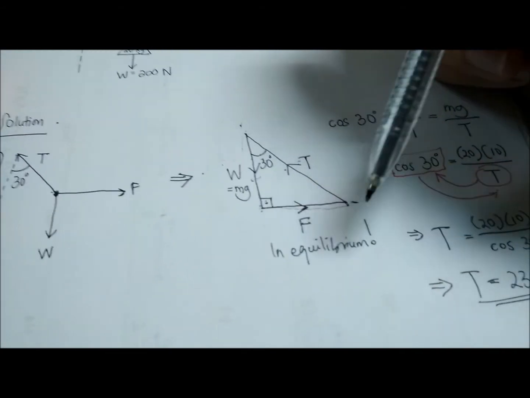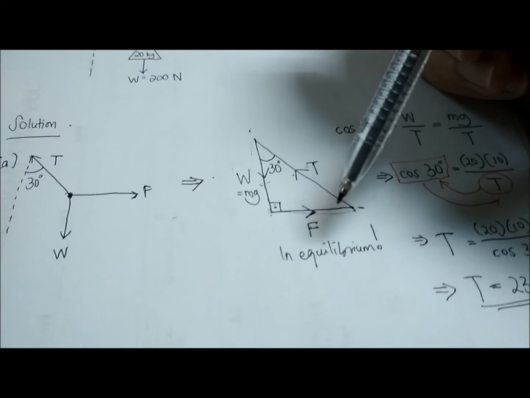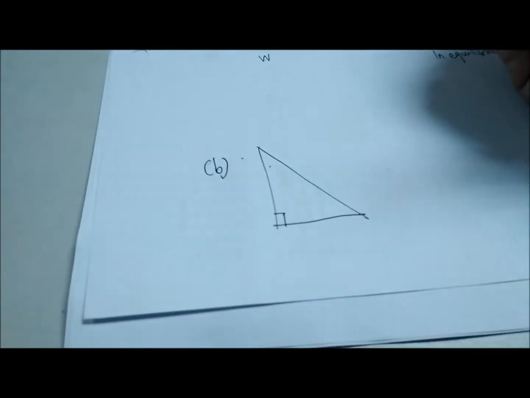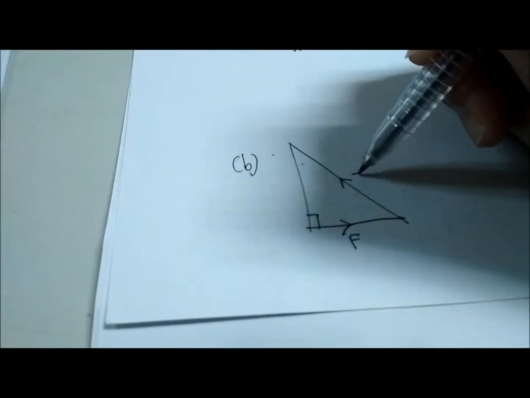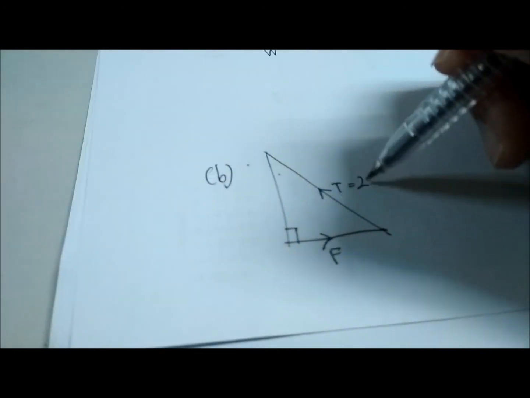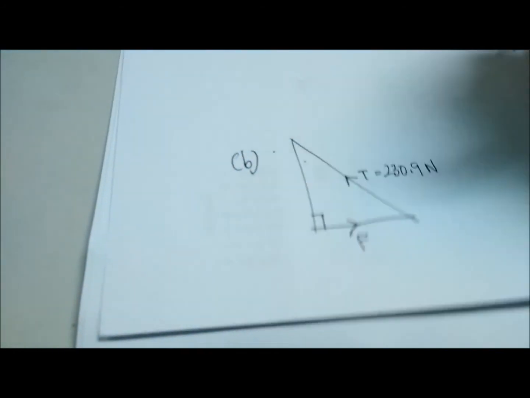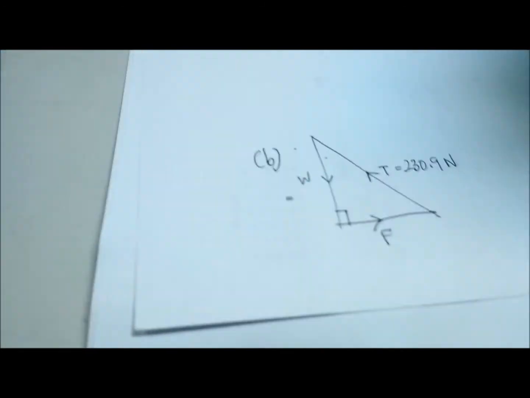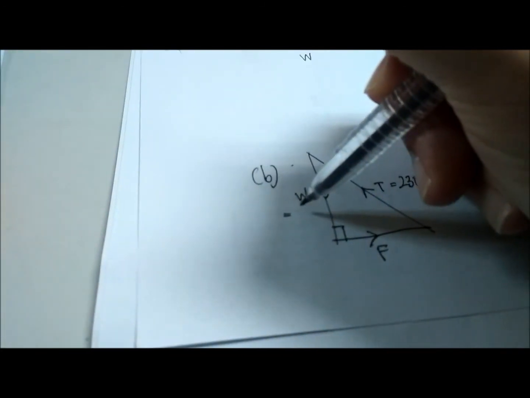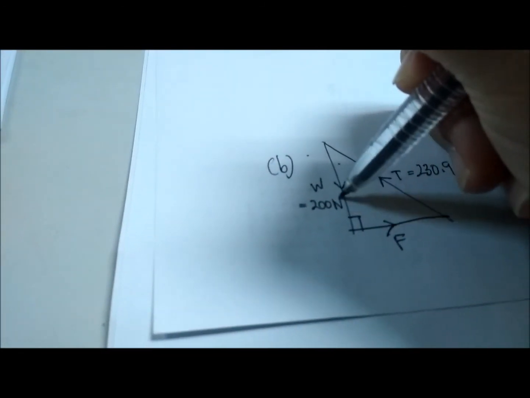We can use the Pythagoras theorem. Okay, so B, this one is F, this one is T. T is equal to 230.9 Newton, whereas the weight is equal to 20 times 10, which is 200 Newton.